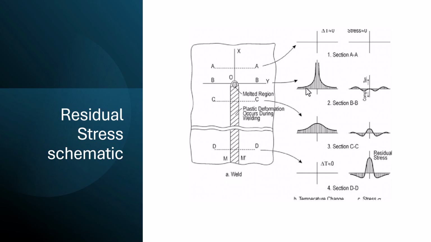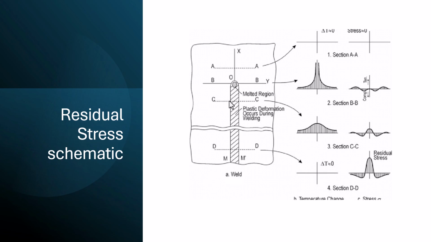Here, while the weld is hot and delta T is high, the stresses look something like this. This is not high, but a very low stress because the material is still hot. And here, away from the weld pool, in section C, delta T is lower and the residual stresses are like this.